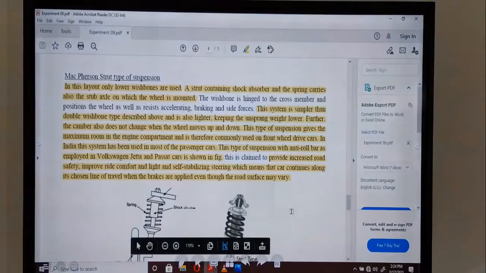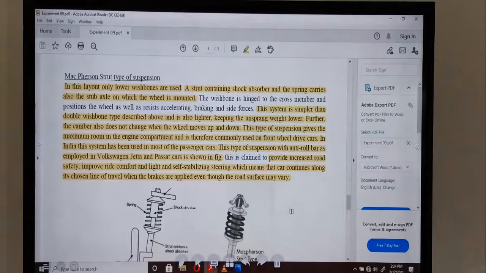Okay, let's come again here. The camber angle is clear. This type of suspension gives maximum room in the engine compartment and is therefore commonly used on front wheel drive cars.